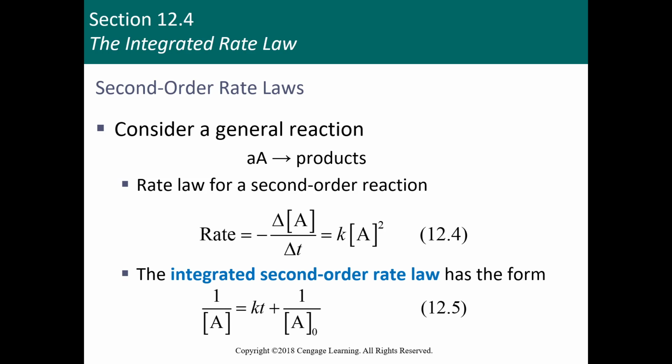The second order rate laws. Okay, we did the first order, now we're on the second order. And so the rate law for your second order is going to be rate equals k times the concentration to the second power, which is our second order here. So the integrated second order rate law has this form here.